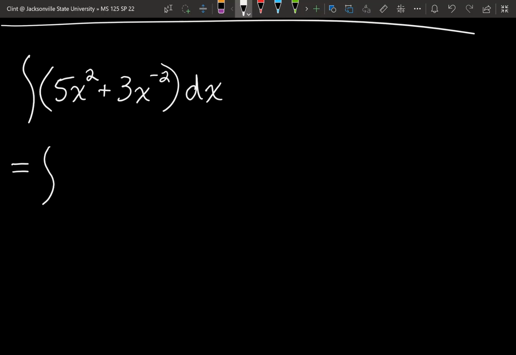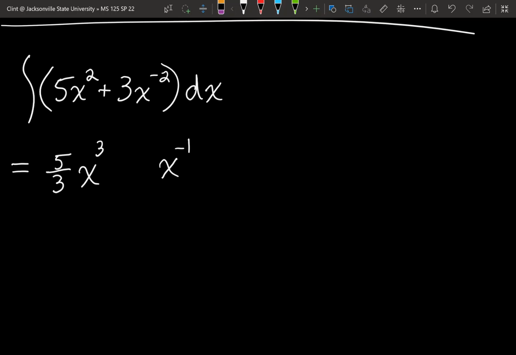Here, let's see, we don't need that anymore. We add 1 to the exponent. Our coefficient was 5, so we do 5 divided by 3. On our next one, be careful because, especially with the negative exponents, it's easier to mess those up. So we add 1 to the exponent to get -1, and then divide our coefficient by -1.